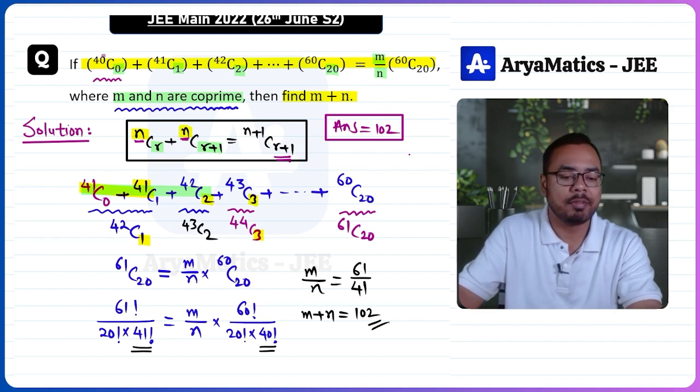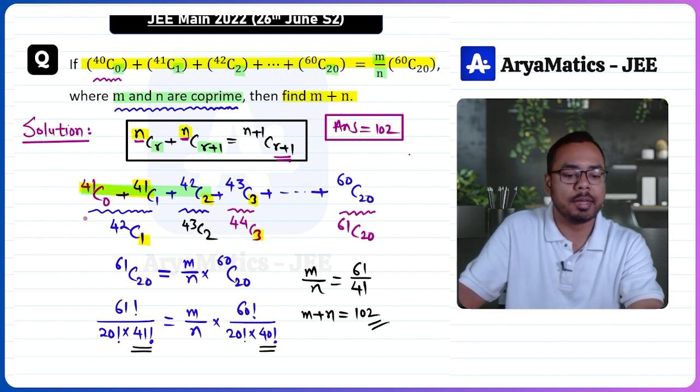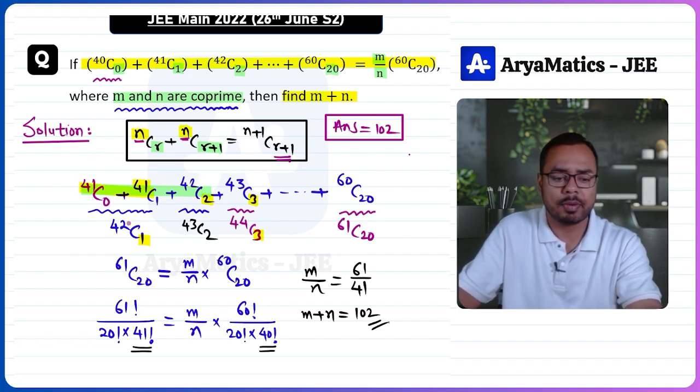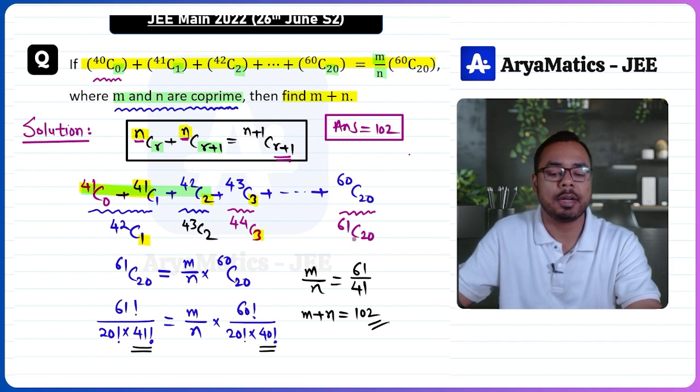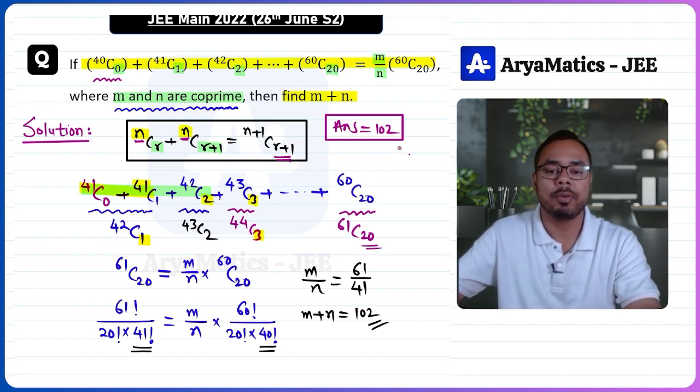But in the first term we had 40C0 and the next one was 41C1, so 40C0 you can write as 41C0. Now the sum of the first two, 42C1, added with the next one, 43C2, and so on. So the left hand side was 61C20. Now compare with the right hand side. Finally m and n are 61 and 41, their sum will be 102, and therefore that is the correct answer for this problem.